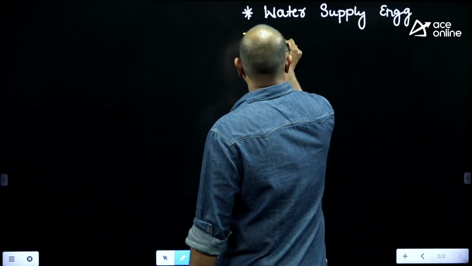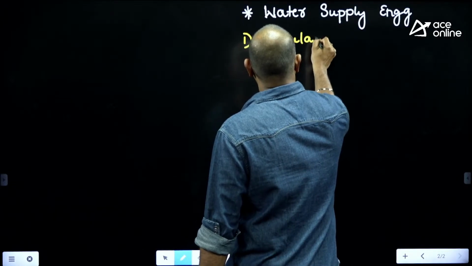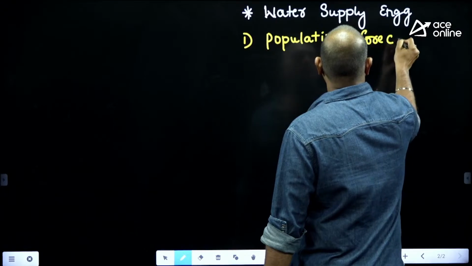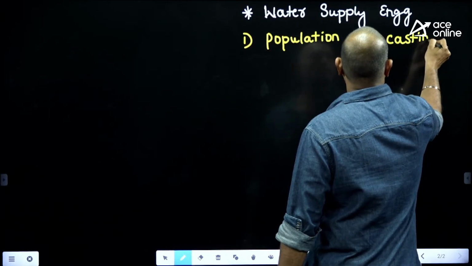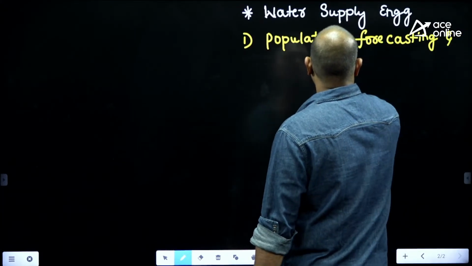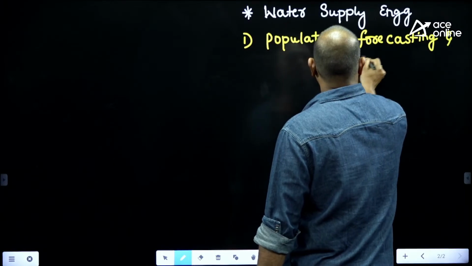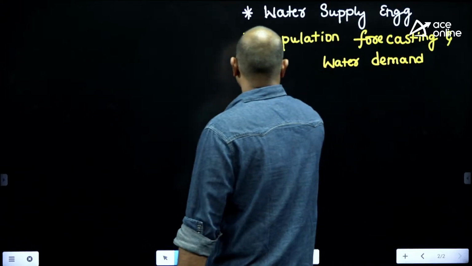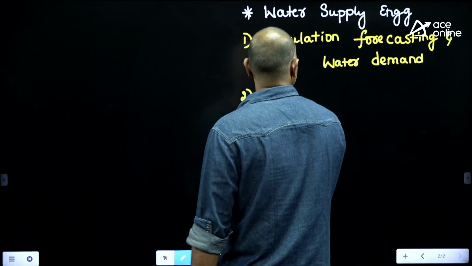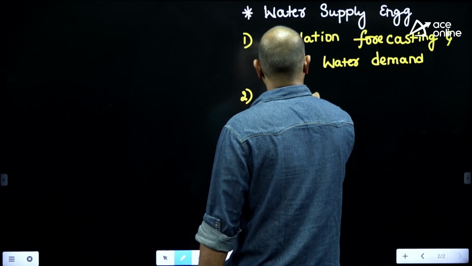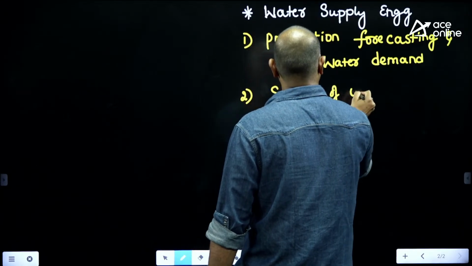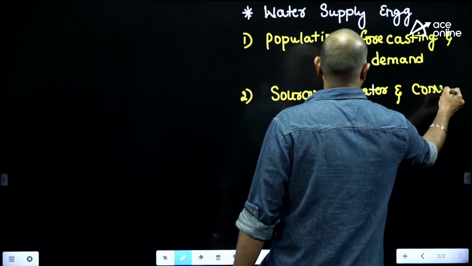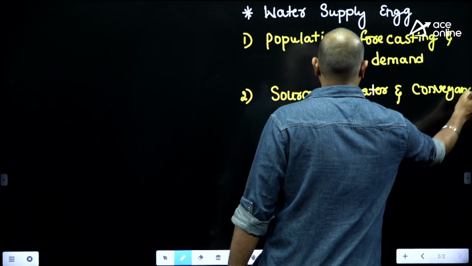So first one is population forecasting and water demand. Next, number 2 is sources of water and conveyance also. So how you are going to convey.